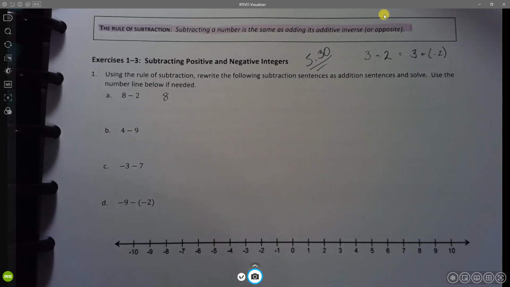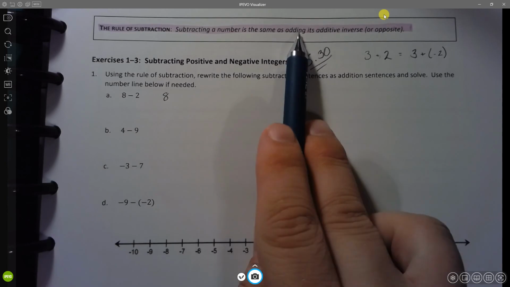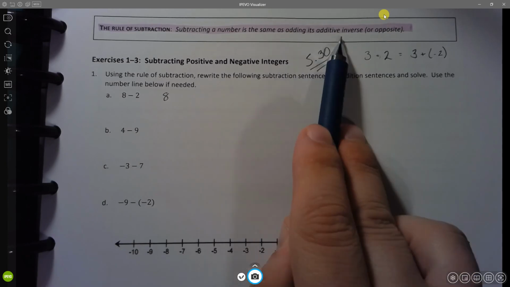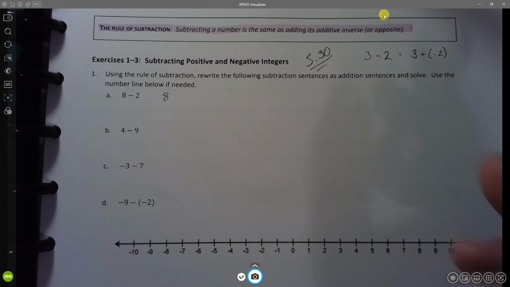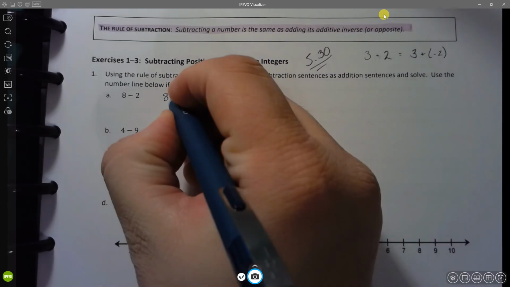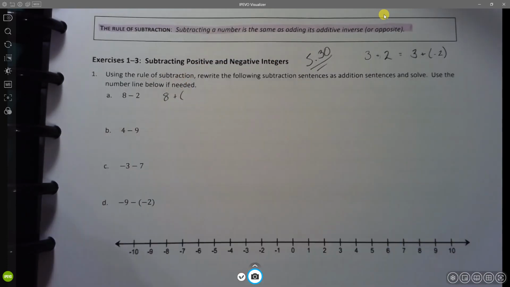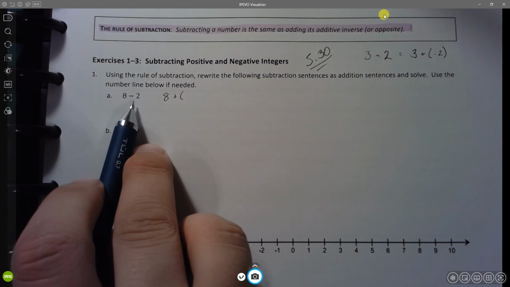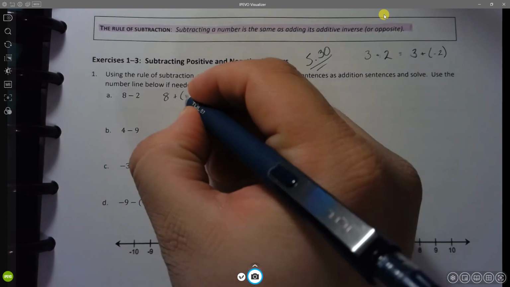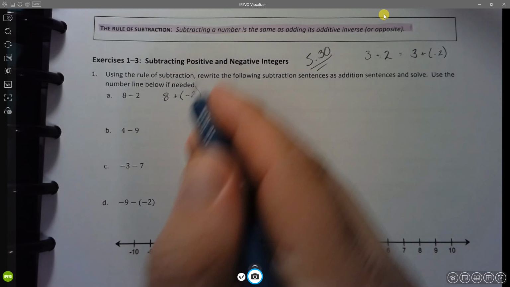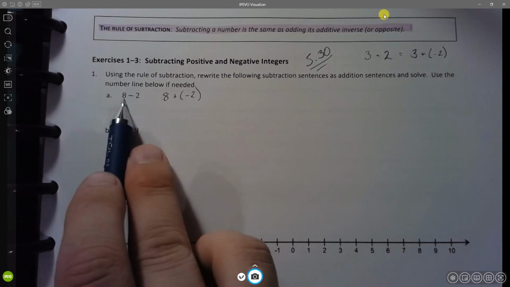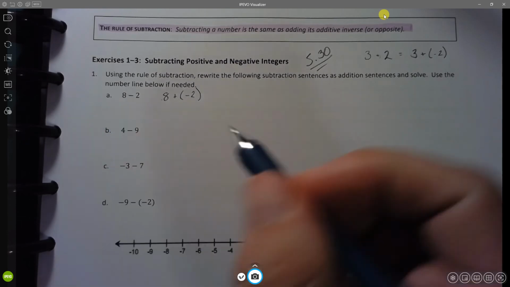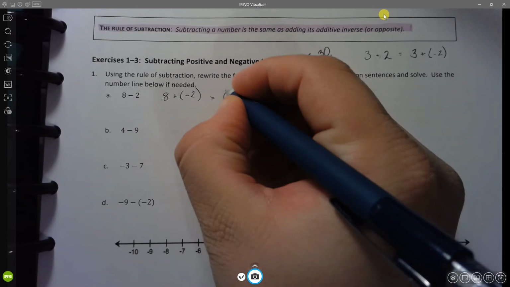Now, according to the rule of subtraction, I'm going to add the inverse, or add the opposite. So instead of minus, I'm going to say plus, and I'm going to open up parentheses here. The opposite of a positive 2 will be a negative 2. So 8 plus a negative 2 is the same as saying 8 minus 2, and that's going to equal 6.